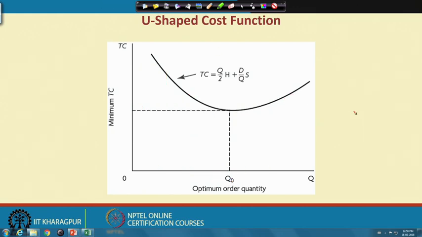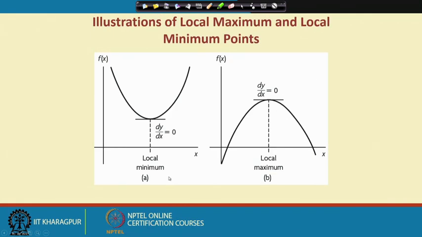This is the case of a particular objective function, and corresponding to this objective function, this is the local minimum, and in the case of local maximum, it is just the opposite. So it is a game between convex and concave only. In the convex scenario, we like to go for local minimum, and in the concave type of situation, we look for local maximum.